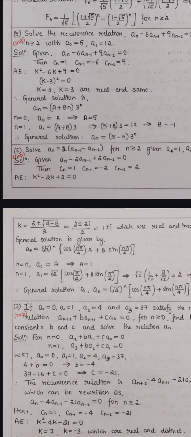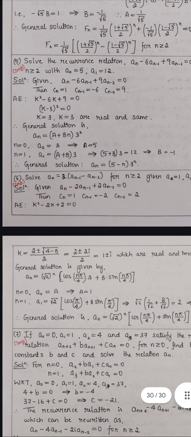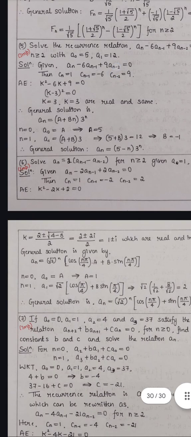So k square minus 6k plus 9 equals to 0. So (k minus 3) whole square, k equals to 3, 3. Real and same. So (a plus bn) into 3 power n.